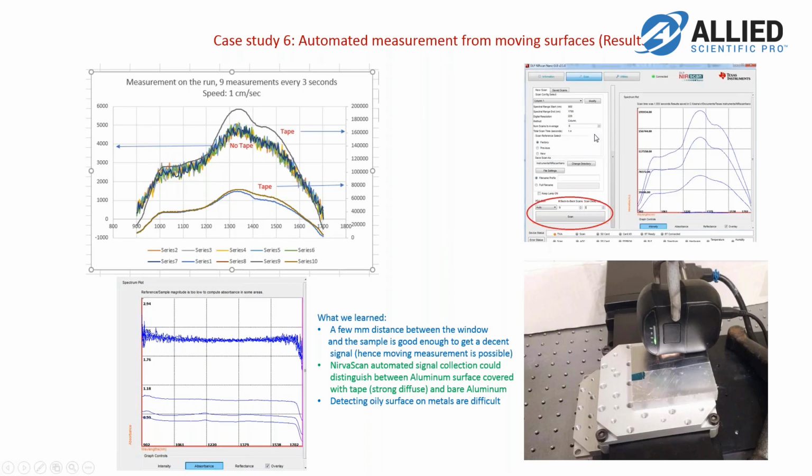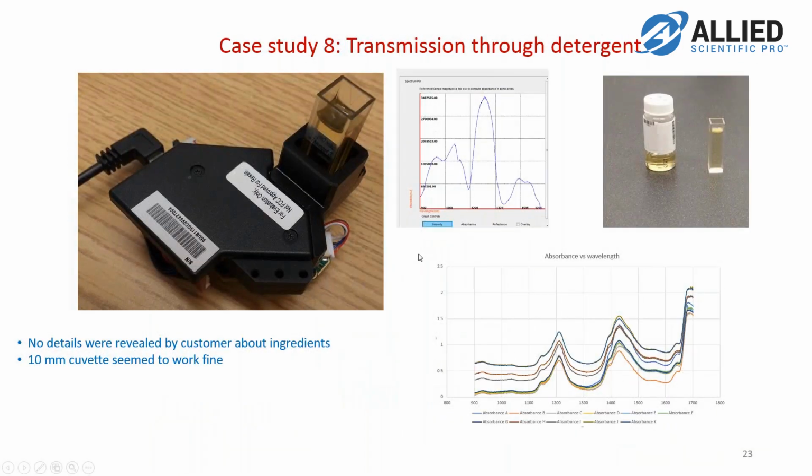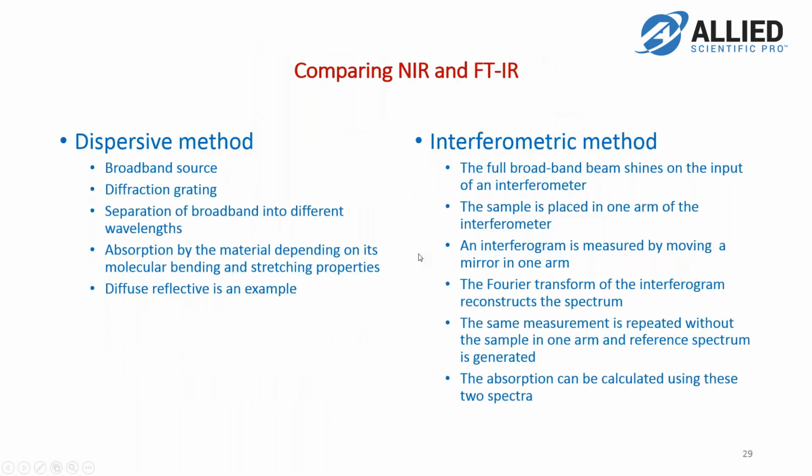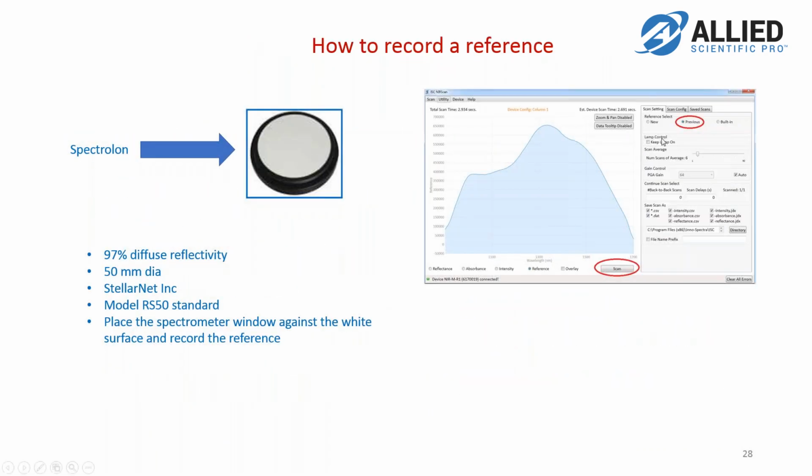But if you change this parameter, then you have to record a new reference. Sorry, not calibration, a new reference, and for that you need the Spectralon. So you need to buy the Spectralon, set the instrument to 12 averages, do a reference, and then do the same thing with your sample.